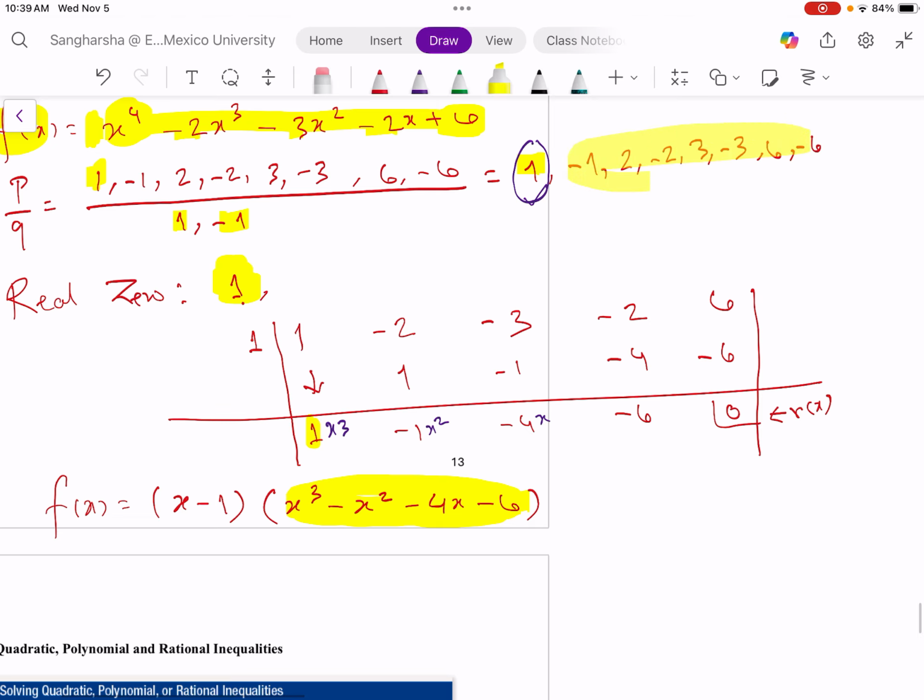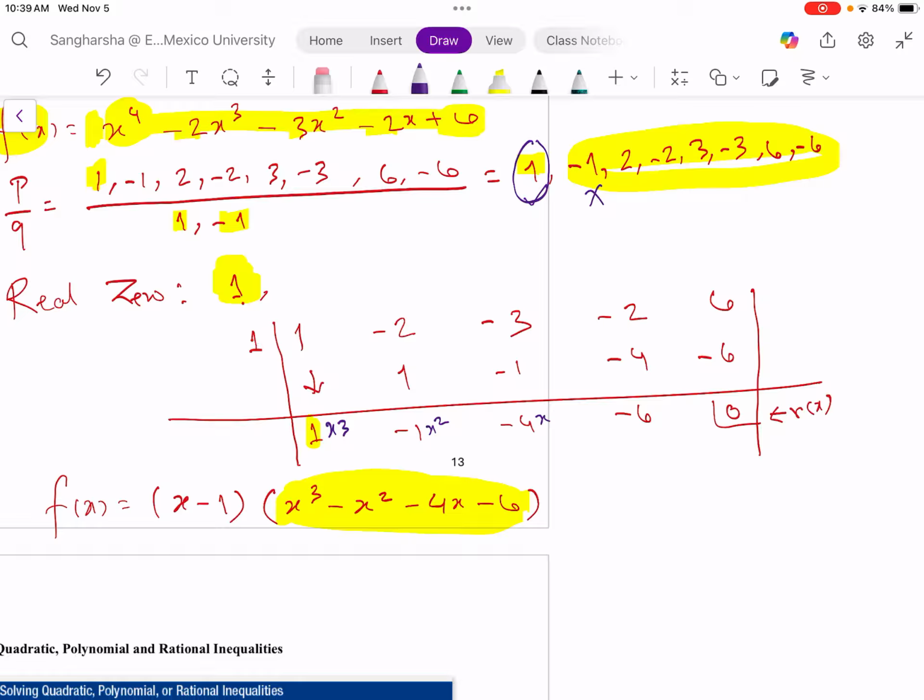Okay, so for what x value is this quotient 0? Let's try -1. So if our x is -1, this is -1, this is -1, this is -2, and this is +4. So -1 is not.